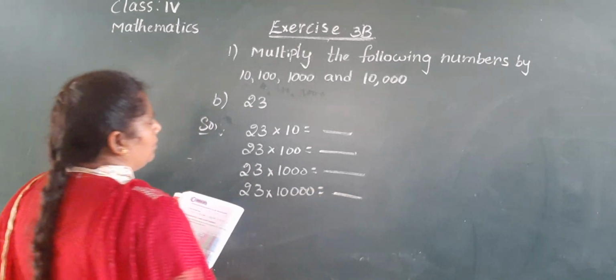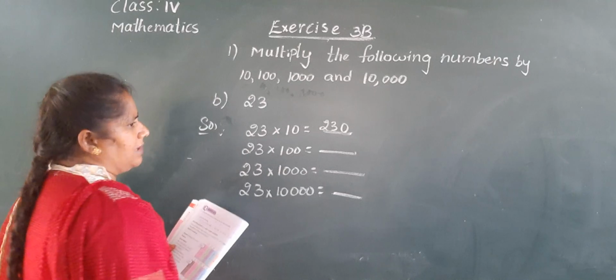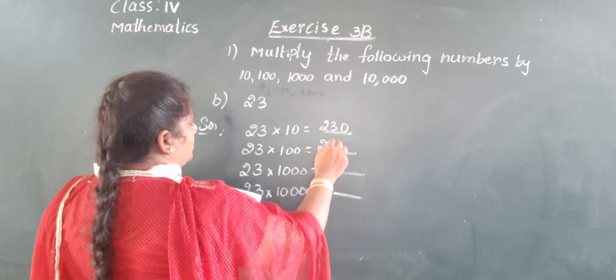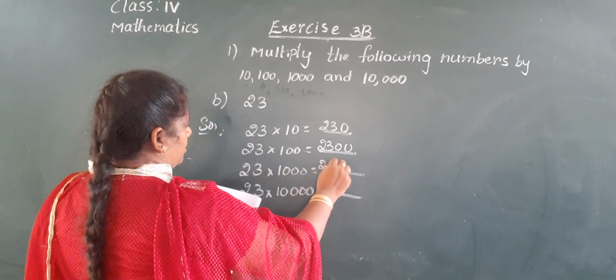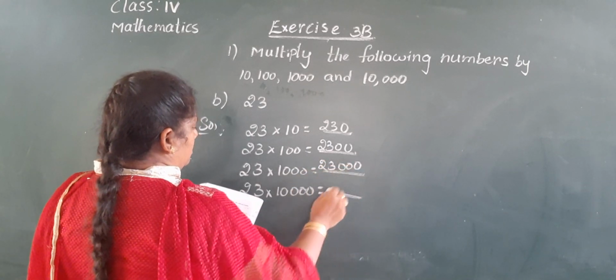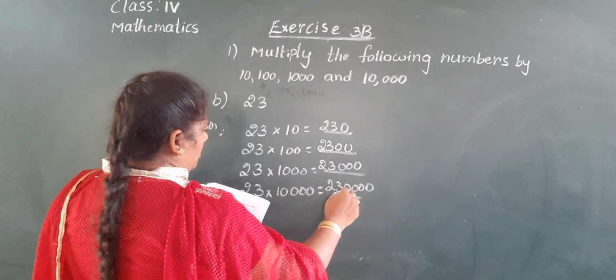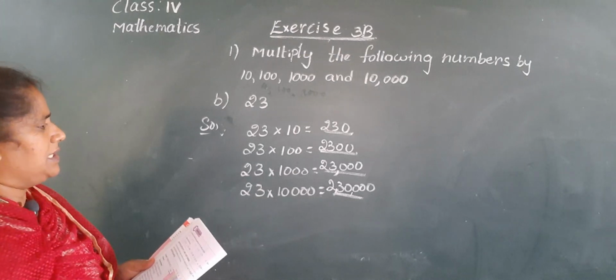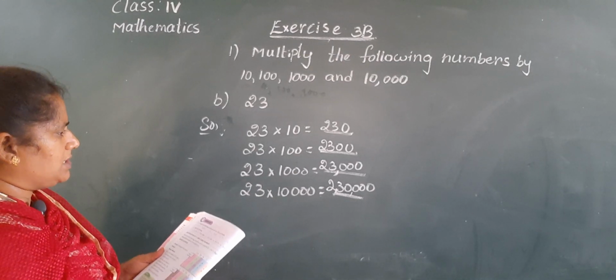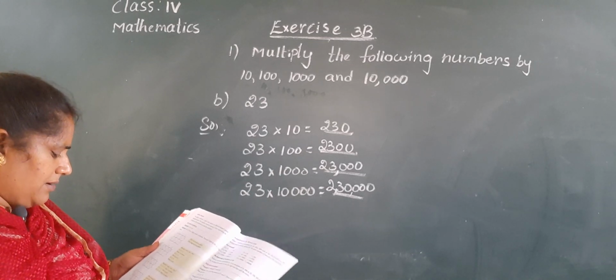We write the same number 23 and keep 0 to the right side of the product. Here also 23 and we keep 2 zeros. 23 and we keep 3 zeros. 23 and we keep 4 zeros. So 230, 2300, 23,000 and 2,30,000.